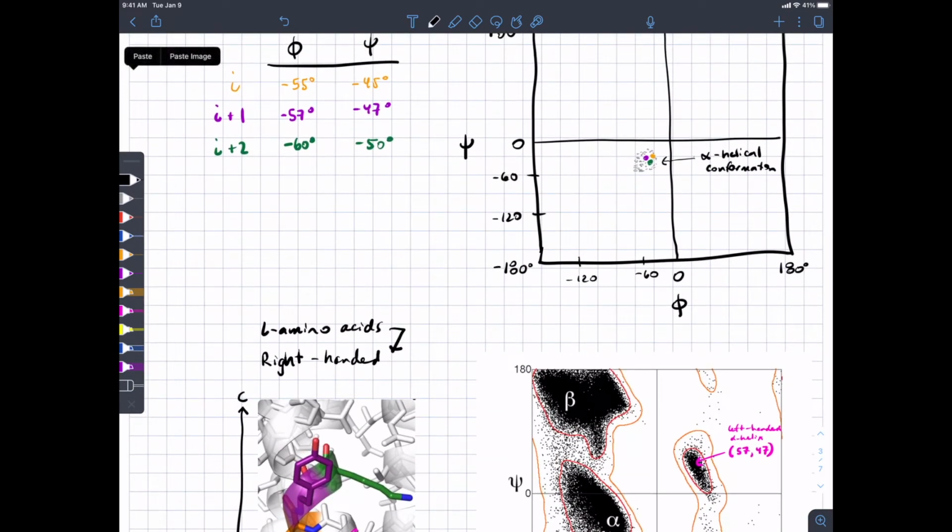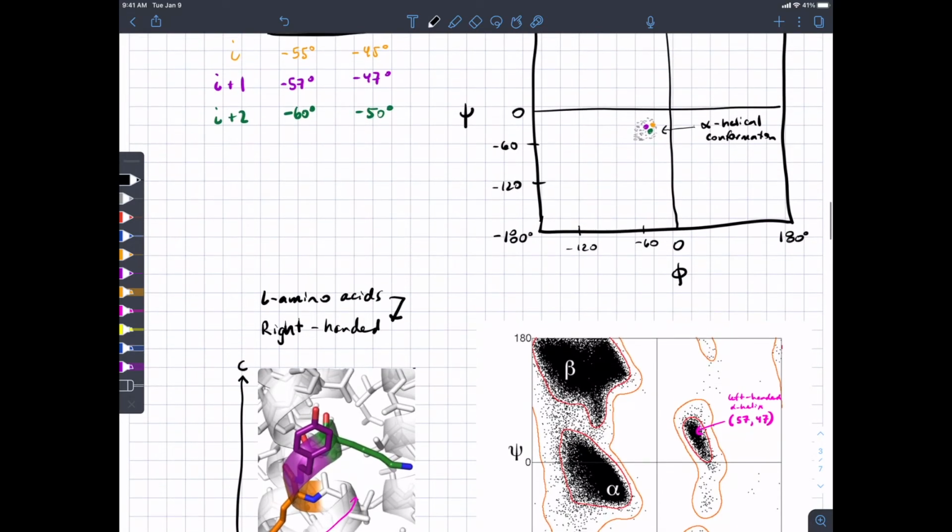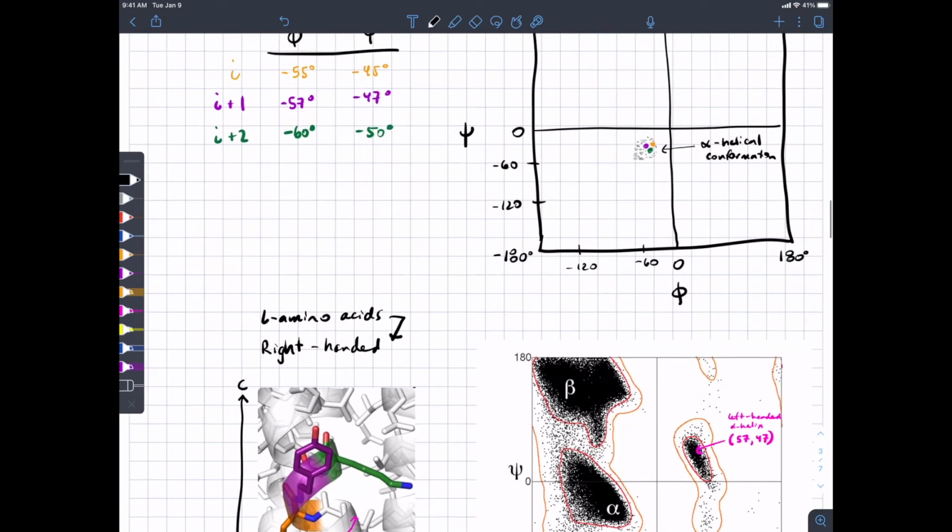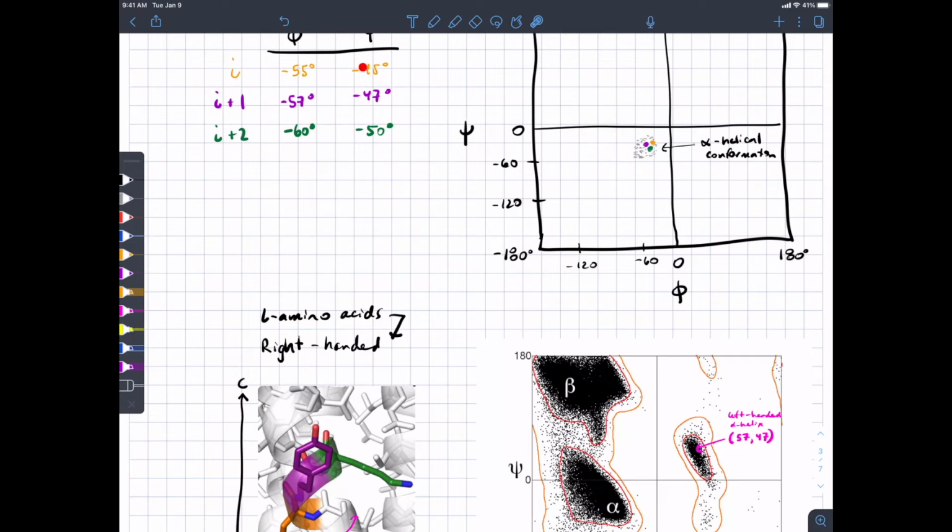Now, one interesting thing is if we switched the signs on these phi and psi angles to plus 55 and plus 45 and so on, we'd have a region right here that would still form an alpha helix, but it would be left-handed. So that's an interesting observation.